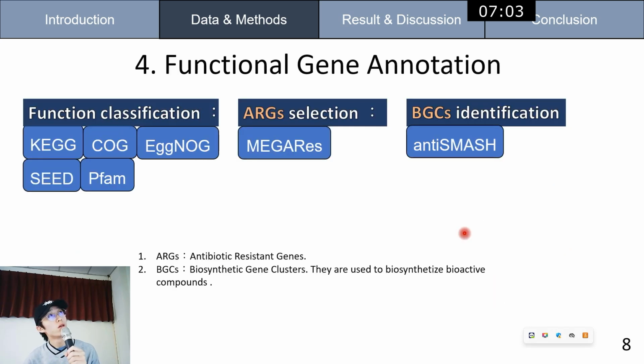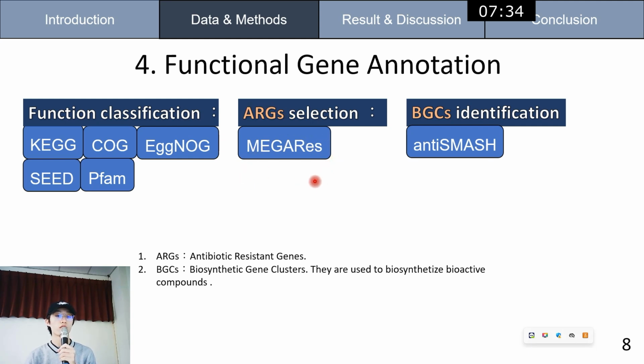And we use the reads from before, the OM-RGC and our sequencing. Then we need to annotate the functional genes. First of all, we use this database for function classification, and we need to use this database for ARG selection.